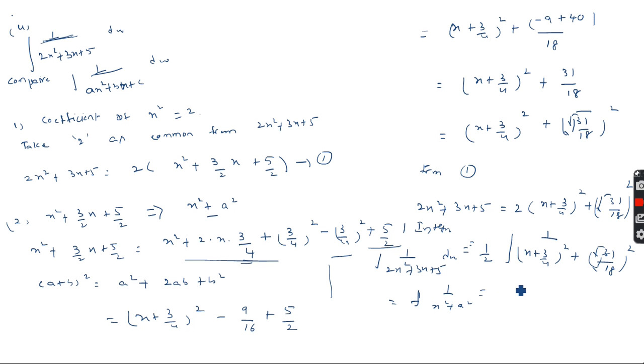The form is 1 by 2 into 1 by x square plus a square. 1 by x square plus a square is nothing but tan inverse, with value 1 by a tan inverse x by a.